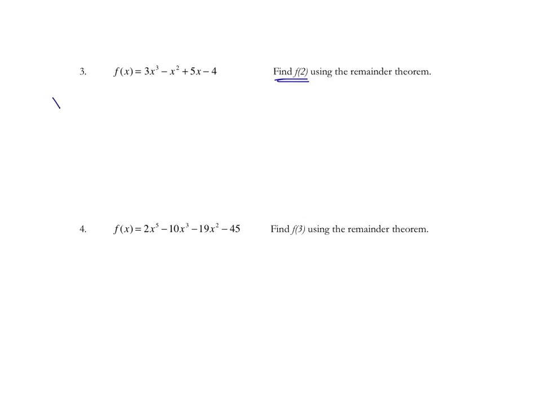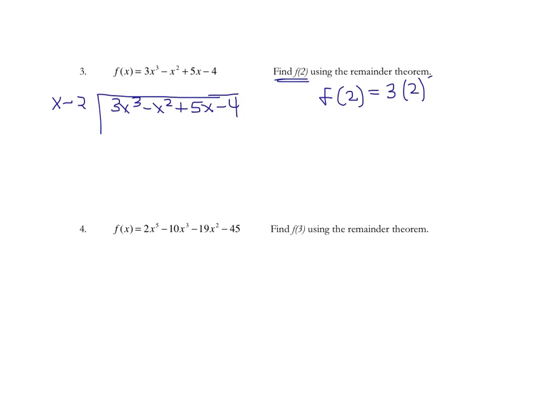It's actually a good idea for you to practice your long division, so do it both ways. x minus 2 into 3x cubed minus x squared plus 5x minus 4. Go ahead and do long division, and then we're also going to check, or we could do it first, plugging in 2 and seeing what we end up with. And then we can check that we did it correctly.